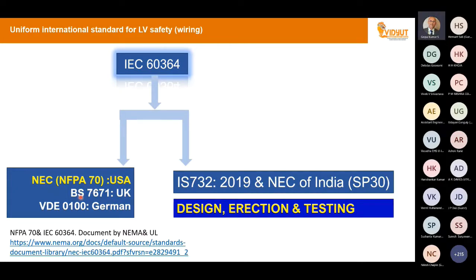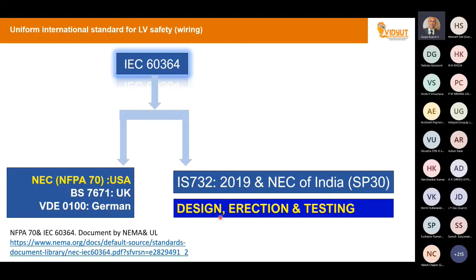In Britain, the same document is used as BS 7671. In Germany, the same document is used. In France or in almost all the European nations, the same 60364 or its adopted versions are used as national regulation for electrical safety. In India, the same 60364 has been adopted as IS 732, recently in 2019, and the upcoming NEC.